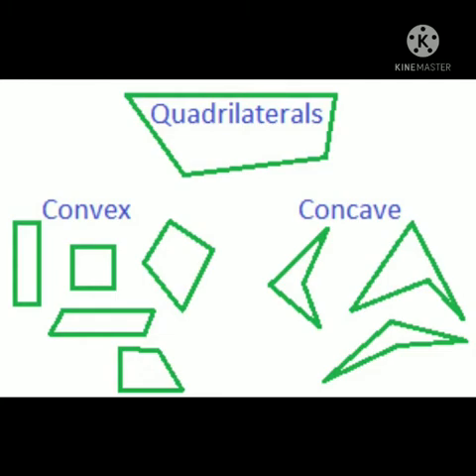Convex quadrilaterals have specific names, like square, rectangle, rhombus, etc. But concave quadrilaterals have no specific name, but they are quadrilaterals because they have 4 angles and 4 vertices, they are closed figures, and they are made from 4 line segments.